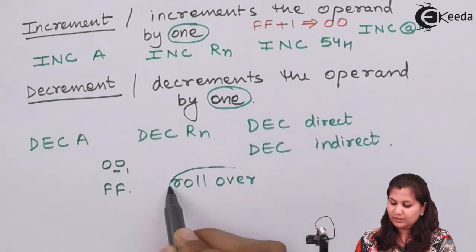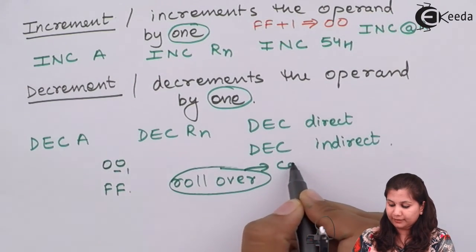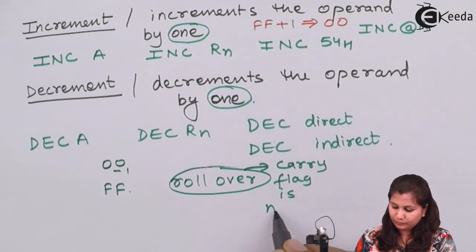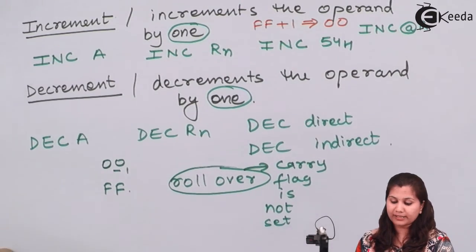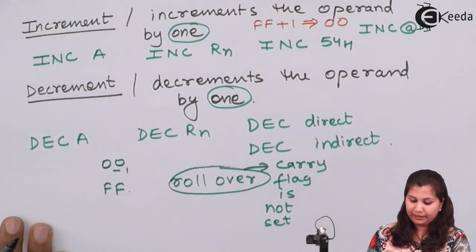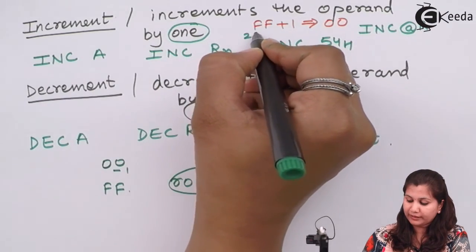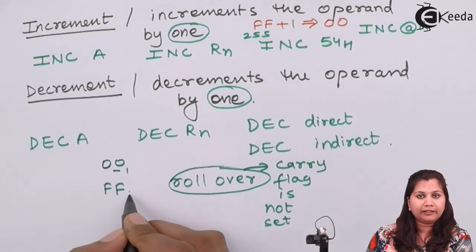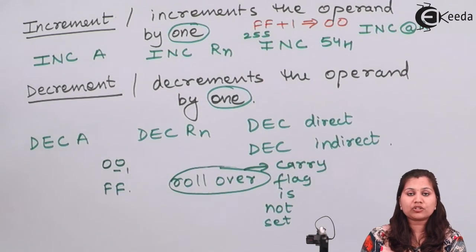Whenever this rollover condition occurs, the carry flag is not set due to increment and decrement. In this case, it is from FF, that means 255, to 00, and here from 00 to 255. So these are the increment and decrement instructions which come under the category of arithmetic instructions.